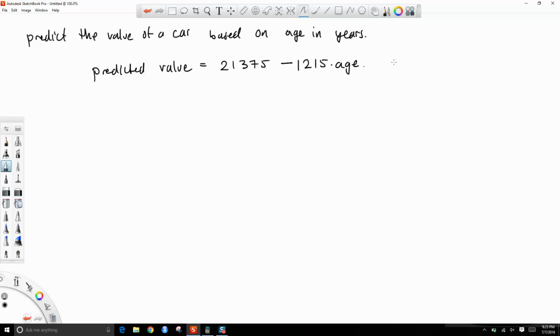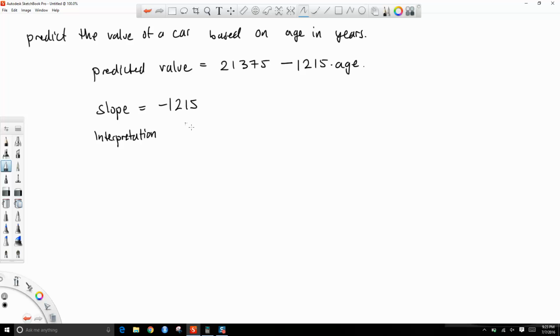What is our slope in this equation? Our slope is negative. Our slope is negative 1215.